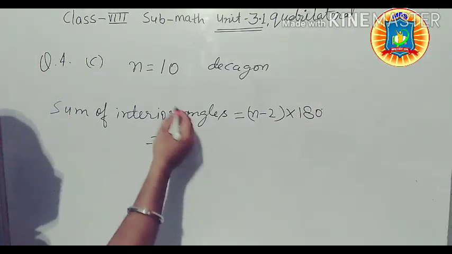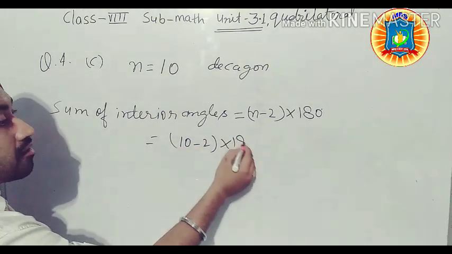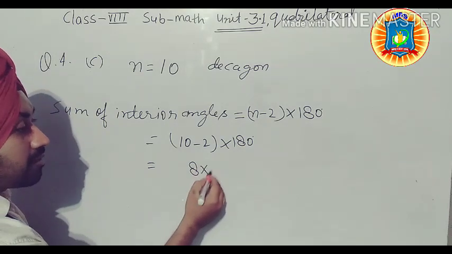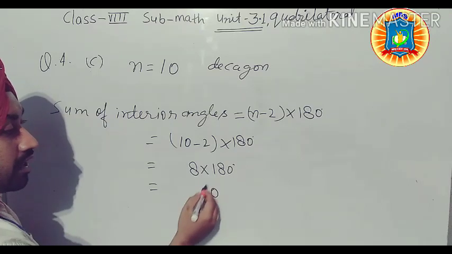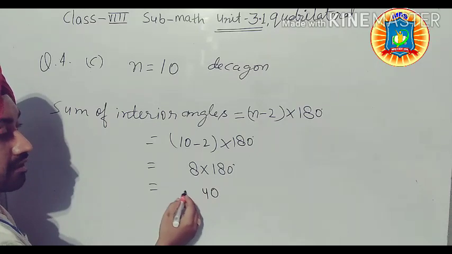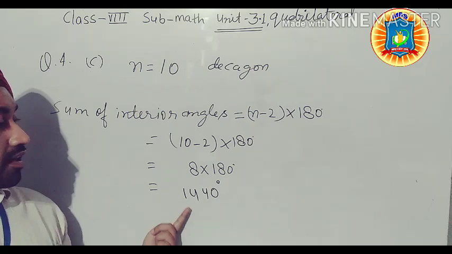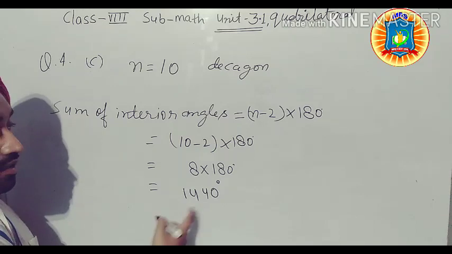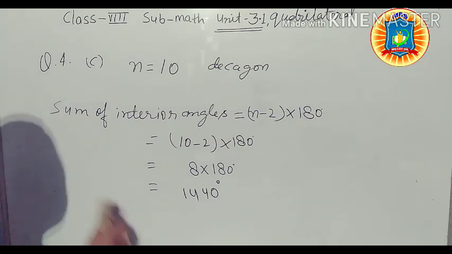Here n is 10, 10 minus 2 multiplied by 180. 10 minus 2 becomes 8, multiplied by 180, and here we get 0. 8 8s are 64, 8 1s are 8 and 6 is 14, and we get 1440 degrees. So the sum of interior angles of a decagon is 1440 degrees.